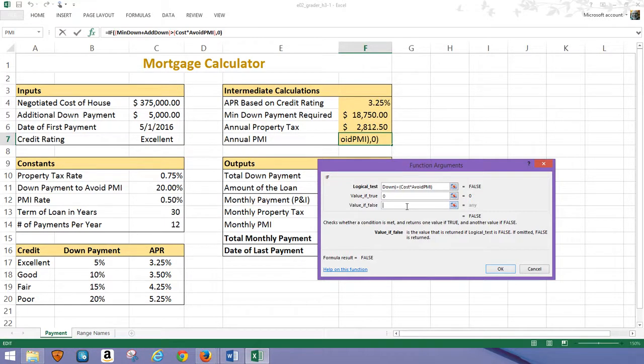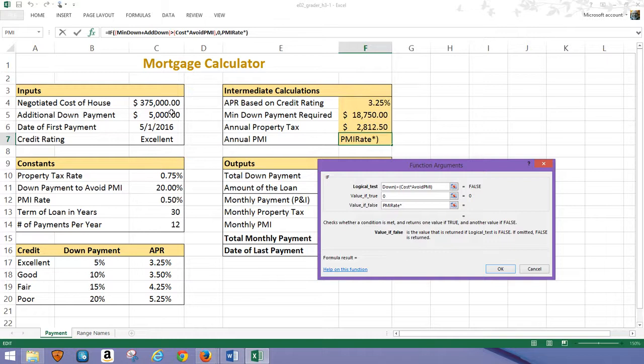And so that says we take the PMI rate. So PMI rate, here says PMI rate, and we multiply that by the amount of the loan. So the amount of the loan is what?